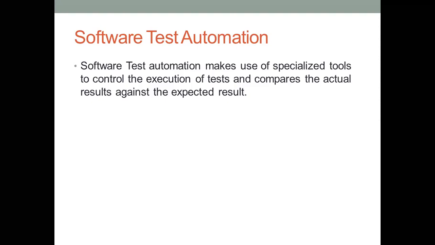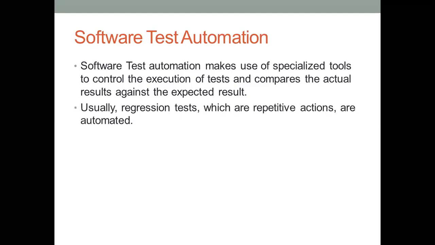Here, in that tool we write some script, and that script checks the software or application, and after execution we check what is the actual result that the tool has given, and what is the result we expect from that application, and we compare that, and we check whether the test is pass or fail. कळतंय सगळ्यांना? So this is test automation. Using tools we are testing the application and we are comparing the results.